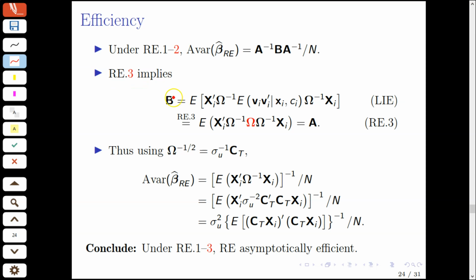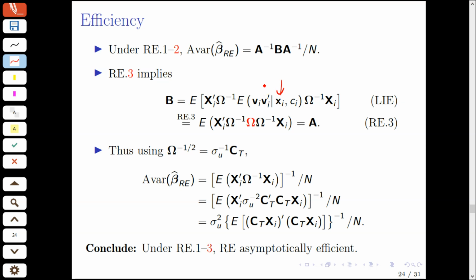So if we take the meat of the asymptotic variance, the B, and we use the law of iterated expectations, we may notice that upon conditioning on the Xi's, we may pull the inner expectation all the way until we hit the Vi's.